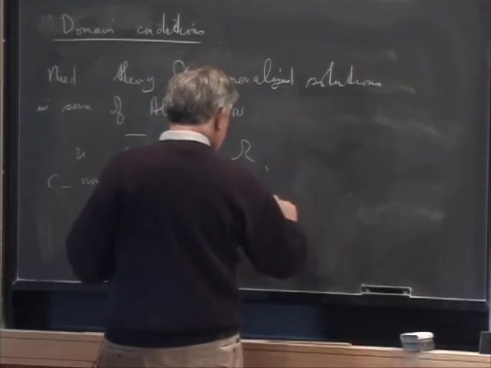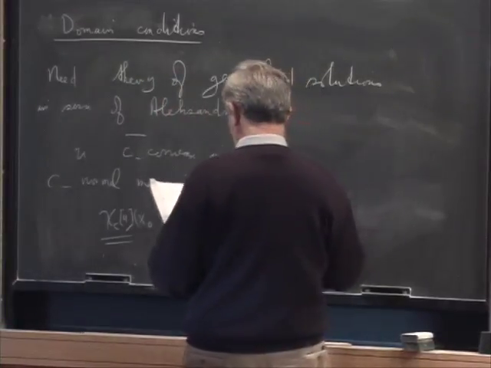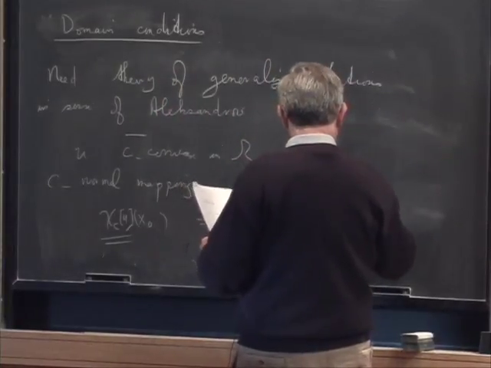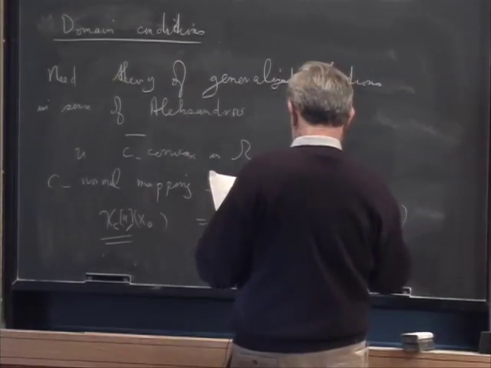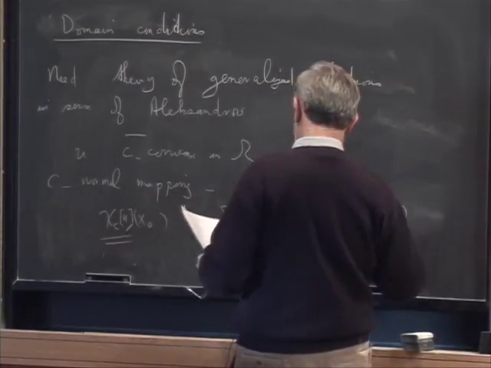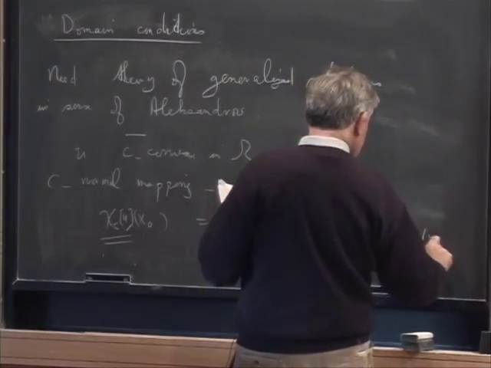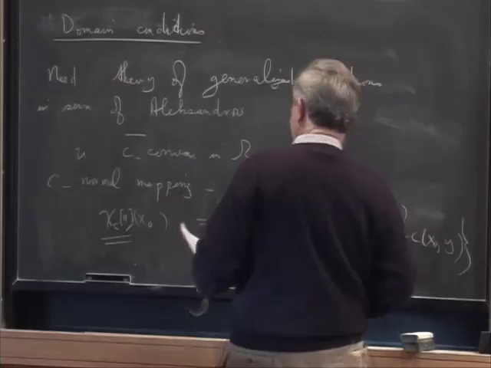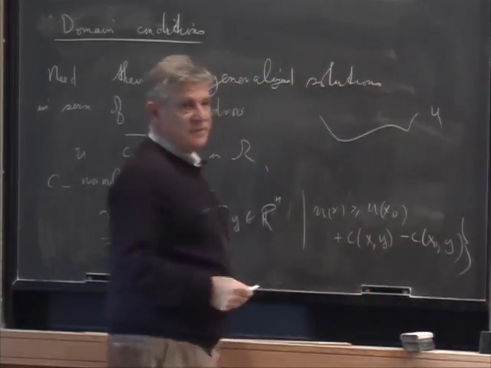R^n, generally with some restriction on the y's, such that u(x) is greater than or equal to u(x0) plus c(x, y) minus c(x0, y). So here's my C-convex function u.